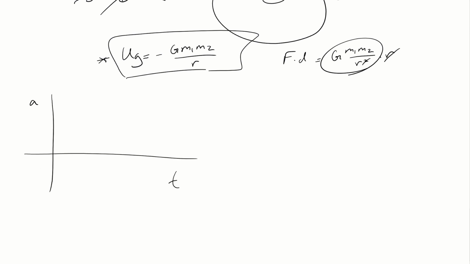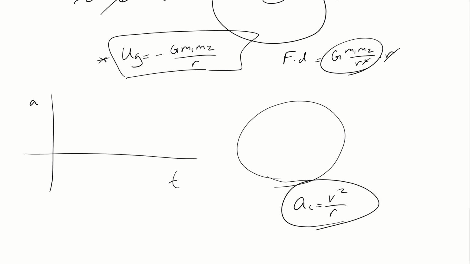So if I told you something was moving in uniform circular motion, pretend that's a better circle than it is, but if I asked you to graph the magnitude of the acceleration, if it's uniform circular motion, then shouldn't the centripetal force and the centripetal acceleration be constant the entire time? So if I asked you to graph the acceleration of that, it should just be a constant acceleration the whole time. Now the direction would be changing, but if I'm just looking at the magnitude, we wouldn't see that on the graph.